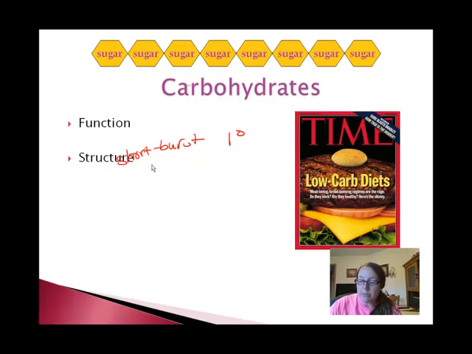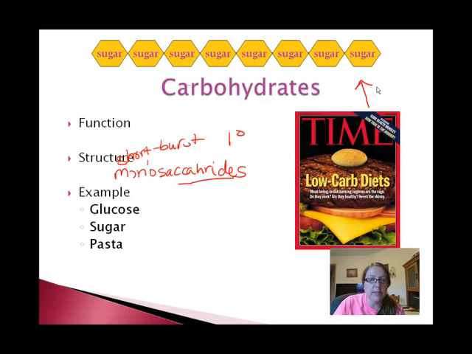Its structure is made of individual units of sugars, and those sugars are called monosaccharides. They're given that name because mono means one and saccharide means sugar, so one sugar. When you get a bunch of sugars all lined up, like up here, you get a polysaccharide, many sugars, which is just a carbohydrate.